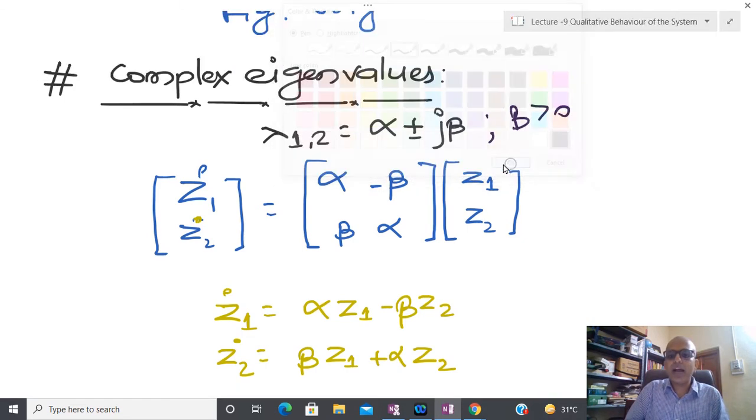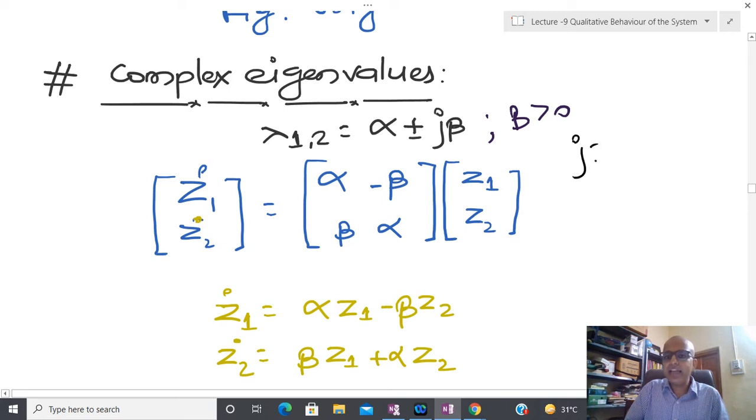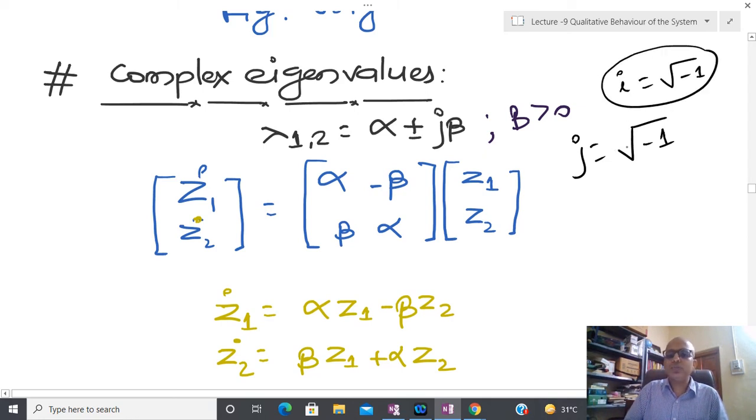Sometimes people also write i, meaning the square root of minus 1. In mathematics, in place of j people use i, which is called iota, but in some books people also use j. If you check Khalil's book, most of the time they use j, so in order to remain consistent, I have used a similar notation.